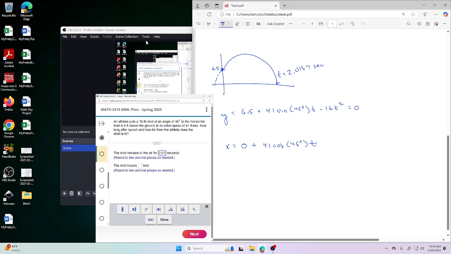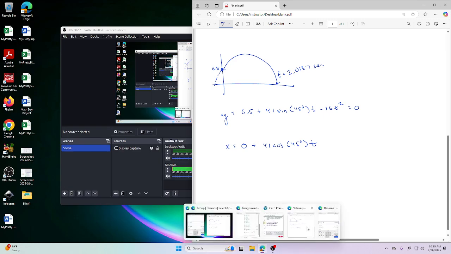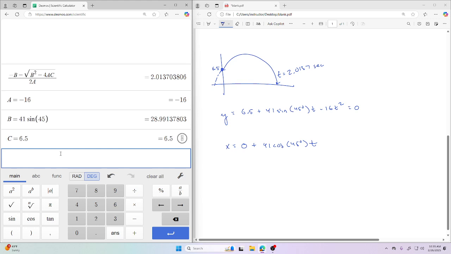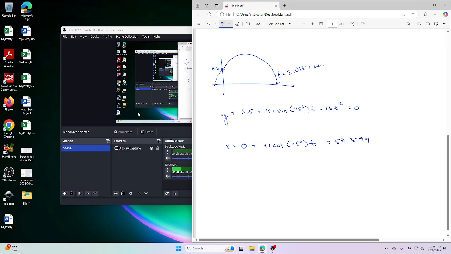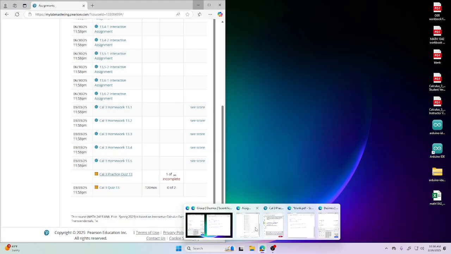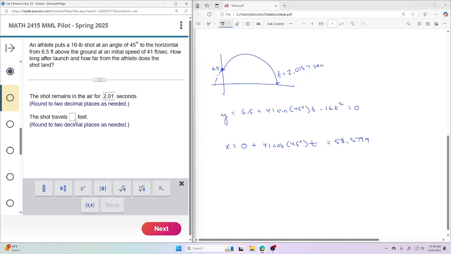Back to the calculator. I'm just being extra careful here. There we go. 3799, which makes it into an 8. Cool. All right, not too bad then.